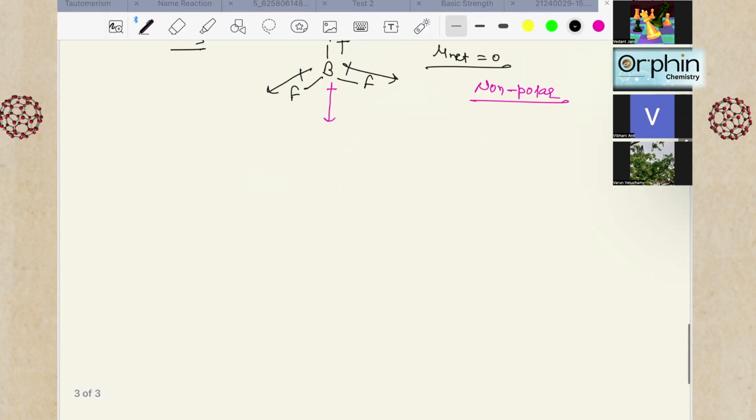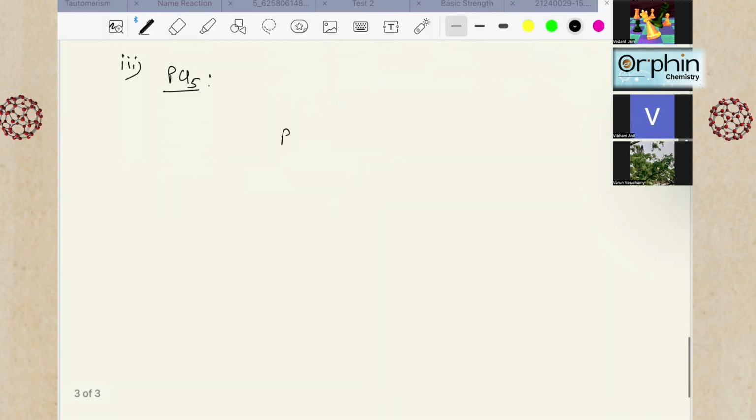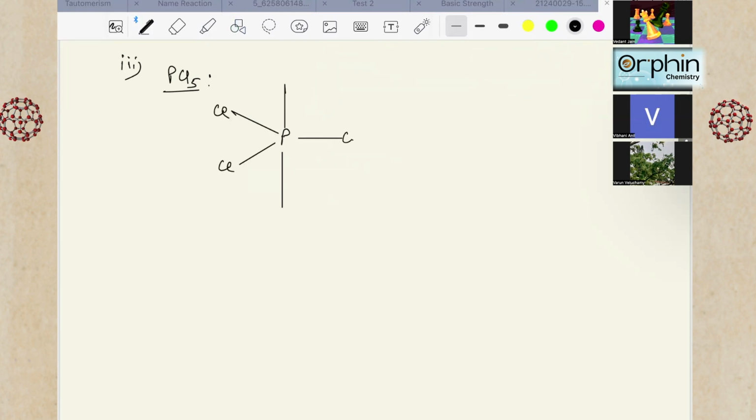Yes. Okay. Third example, we want to take PCl5. So we will have to remember the angles.